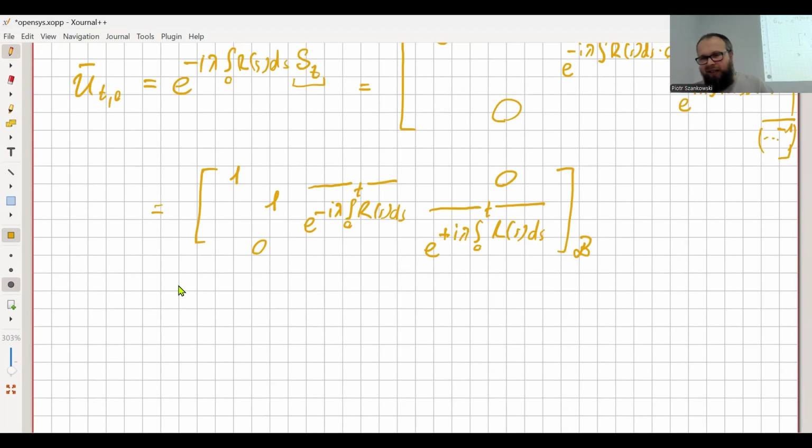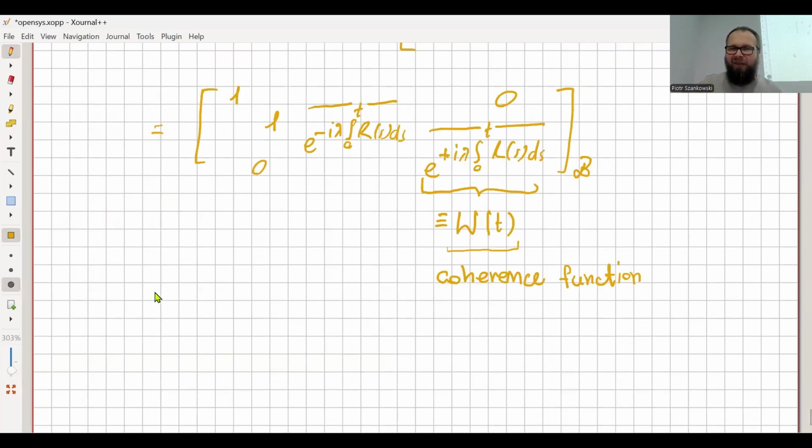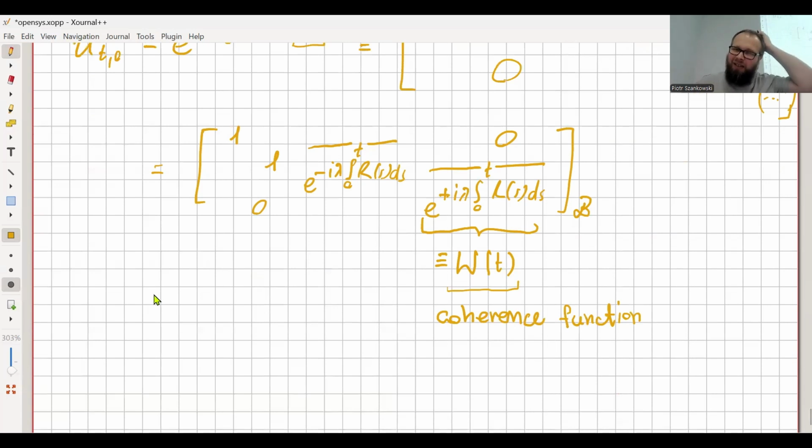And just for the sake of convenience, I will call this boy here W of t. In the business, it's called the coherence function. And in a second, I will explain why this particular name.